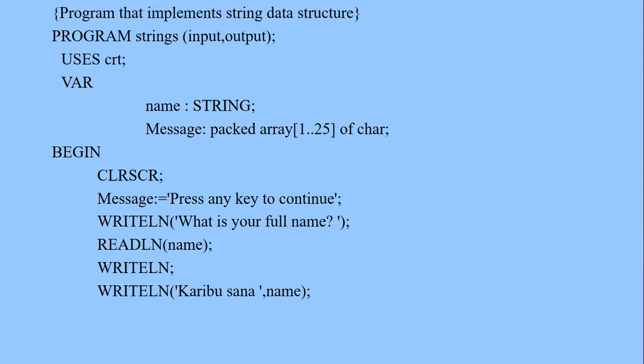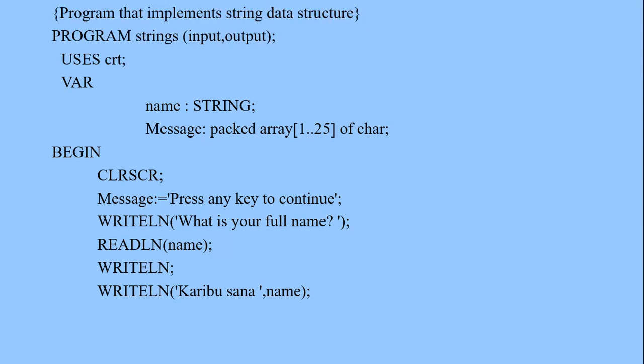So if what was entered was, for example, Meme, the statement, Karibu Sana, Meme, will be displayed on the screen, and the blinking underscore will be taken to the next line.